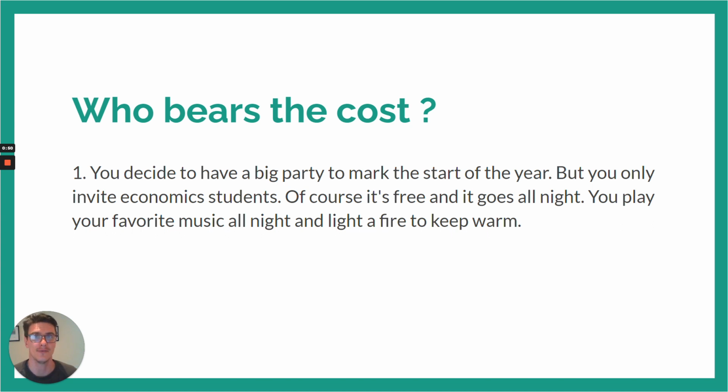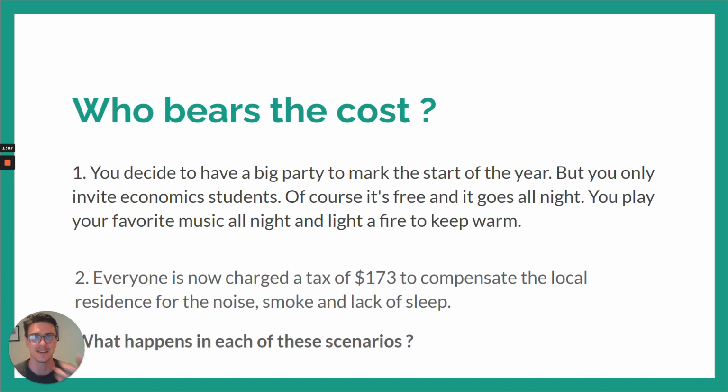You've got to pay for the drinks and the food and the setup, but there are also some costs to society. Okay, there are costs to people outside the party who didn't get invited, like your neighbors and the people walking down the street who have to bear the noise and the smoke and all the costs.